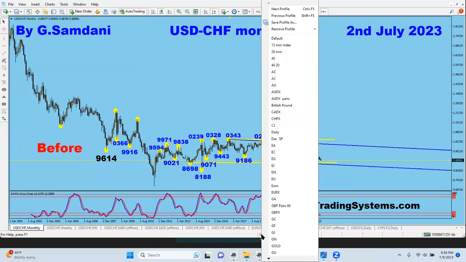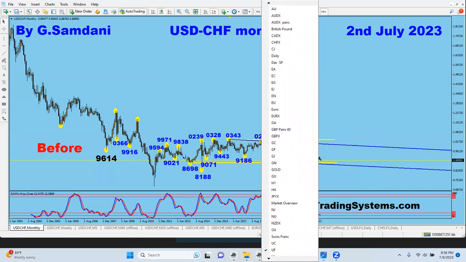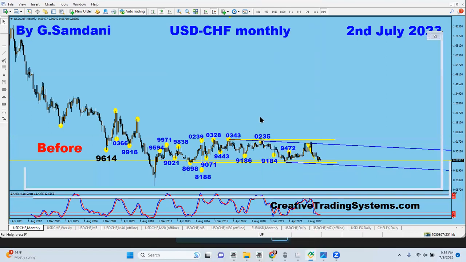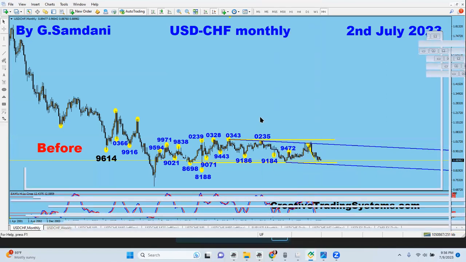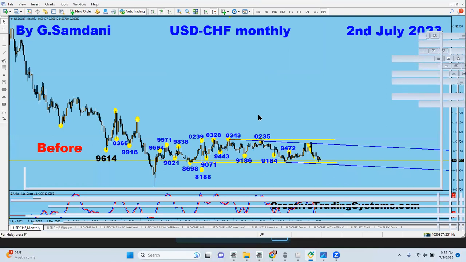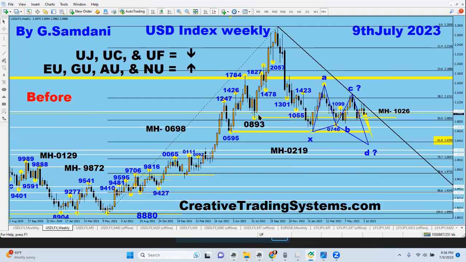So let's go back one more time to the US dollar index and take a look at how it is doing. Okay, so yeah, pay attention to this 1026.